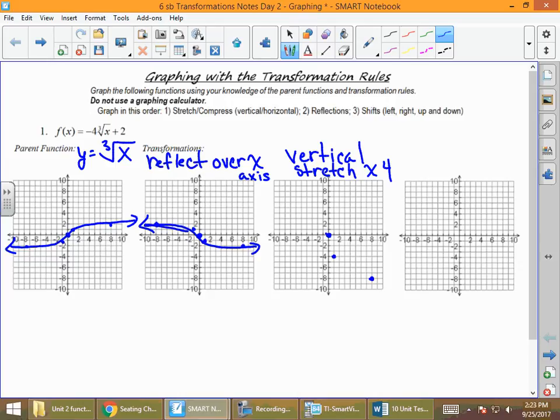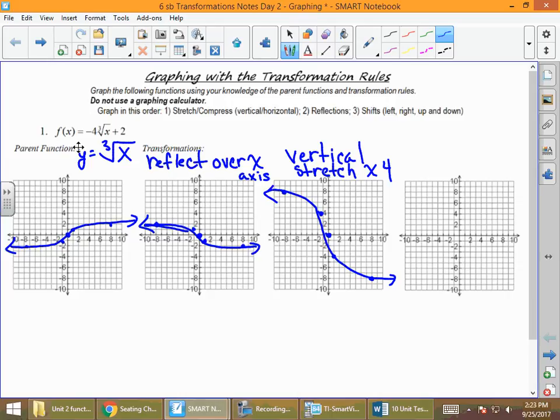So we're still going to go negative 1, but 1, 2, 3, 4, positive 4, negative 1, 4. And then we had negative 8, 2. 2 times 4 is 8, so it's going to be negative 8, 8. And here you can see a pretty good illustration of the vertical stretch.